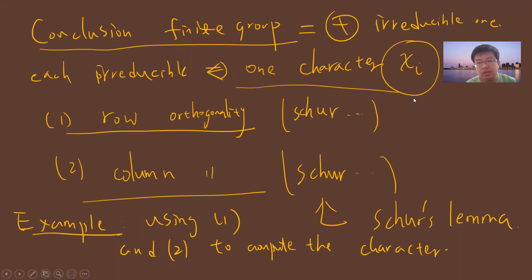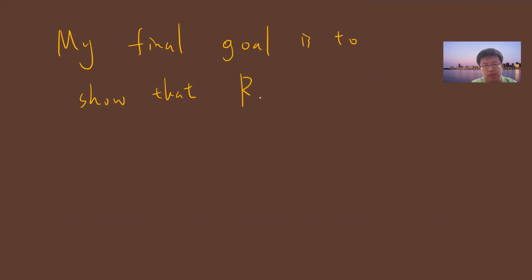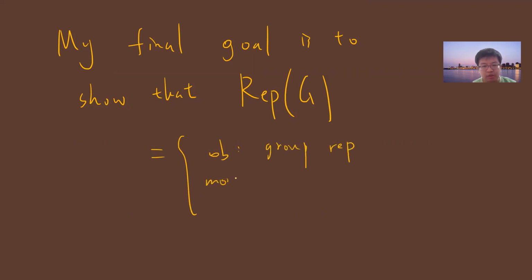Okay, so that's it. And in the future, after we finish the examples, I will talk about the tensor product and the factorization. Actually my final goal is to show that one can define a so-called representation category Rep G, such that each object is basically the group representation, and the morphisms are G-linear maps, right?